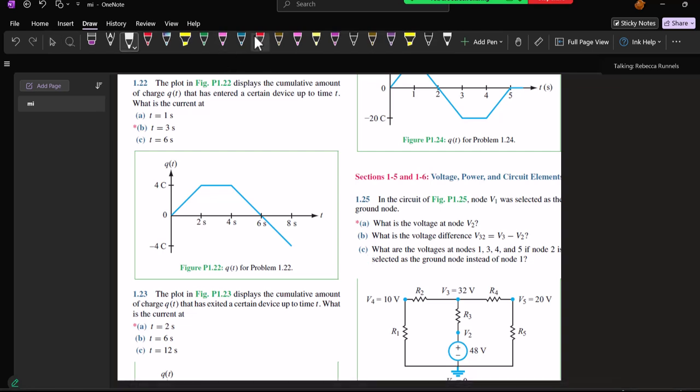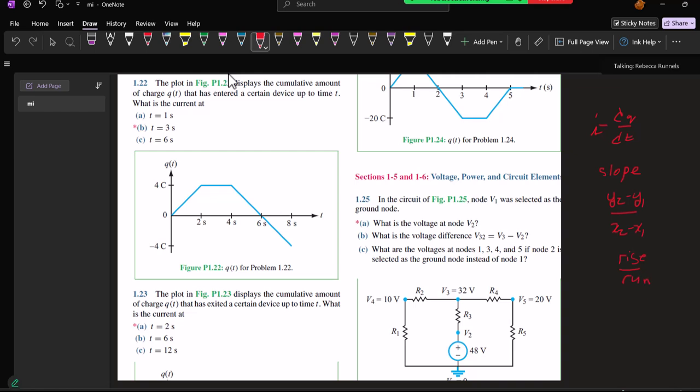Okay, so I know that current is dq dt. And I know that derivative means slope. And when I have straight lines, I say, yay, I know how to get slopes of straight lines. Slopes are y2 minus y1 over x2 minus x1, or rise over run.